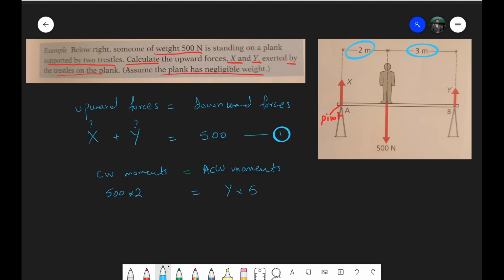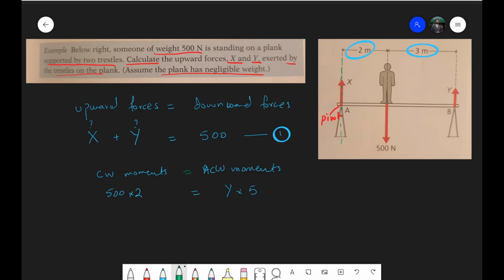Now what about the force X? Why haven't I included that into the equation? Well, for that you need to ask yourself, how far away is force X from point A? Right, so force X is acting right on the pivot. The line of action of this force is actually passing through the pivot, or you can say that the distance between the pivot and the force is 0.